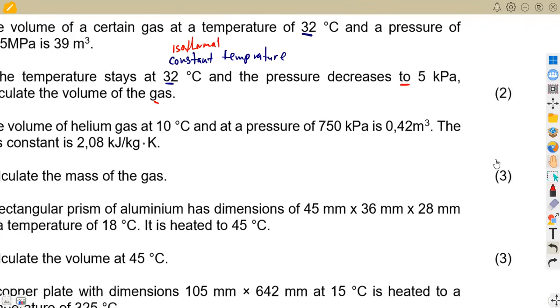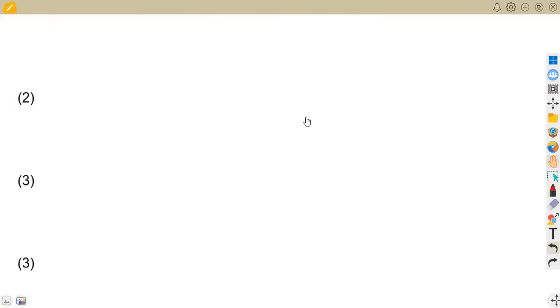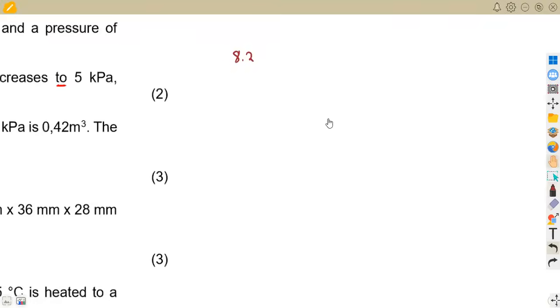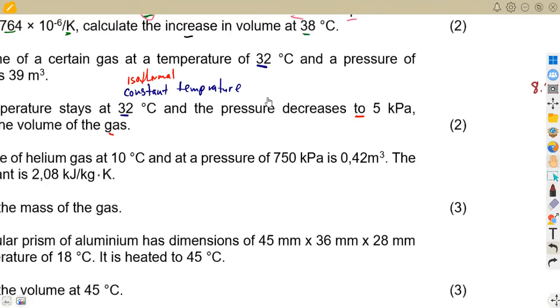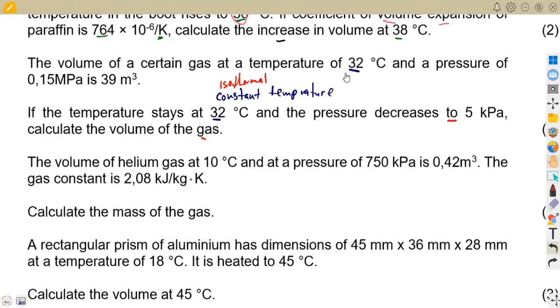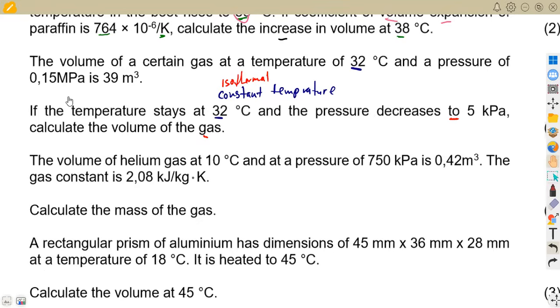All right, so let us take our information aside. This is question 8.2. So let us just have our values aside. We have the initial conditions of the gas, which are at 32 degrees Celsius at this pressure, and we are given the volume. So we have T1, P1, and we are taking them as they are.